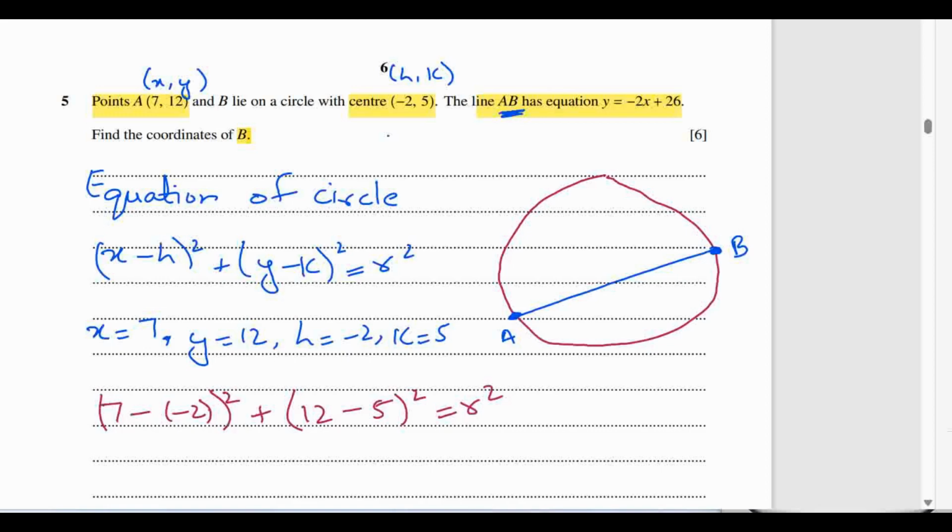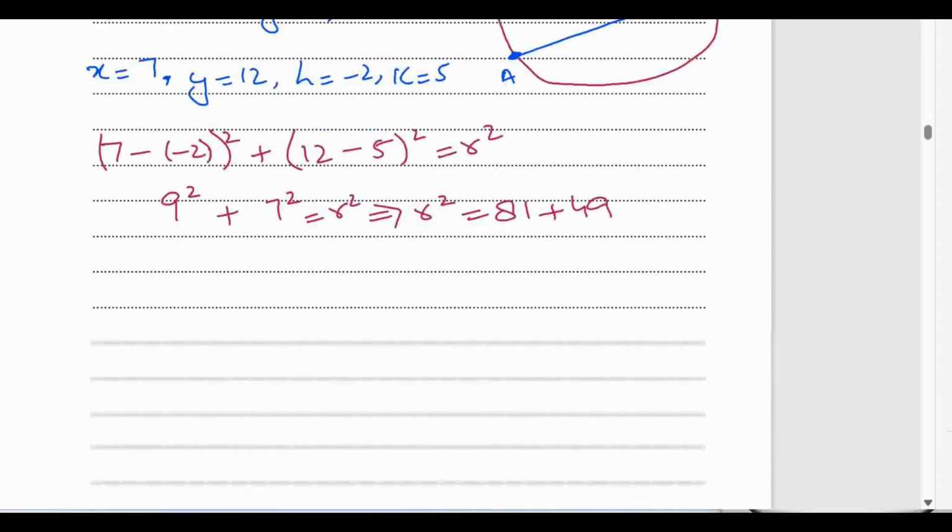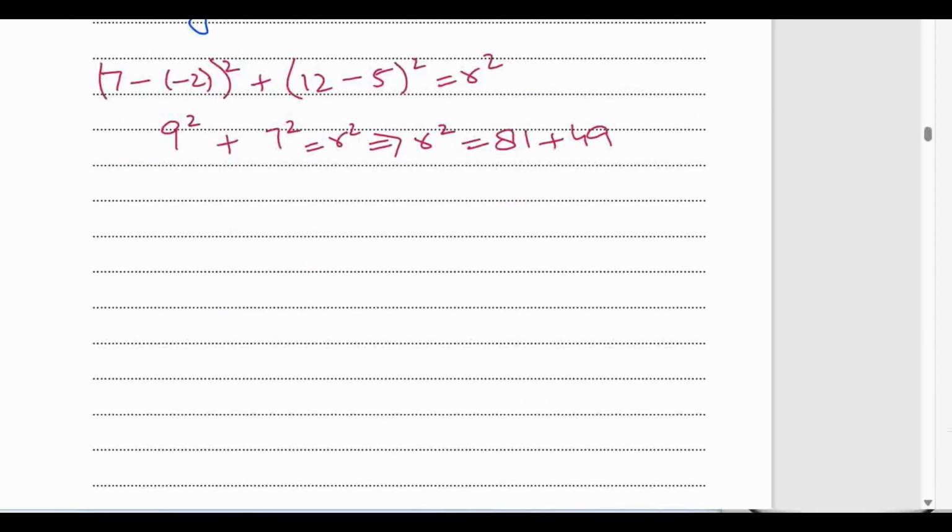So it means 7 plus 2 is 9 square plus 12 minus 5 is 7 square is equal to r square. Further, r square is equal to 81 plus 49. If we add it, r square will be equal to 130.